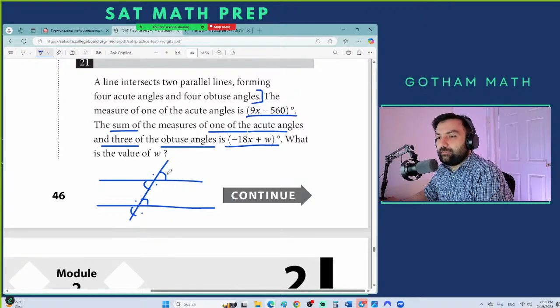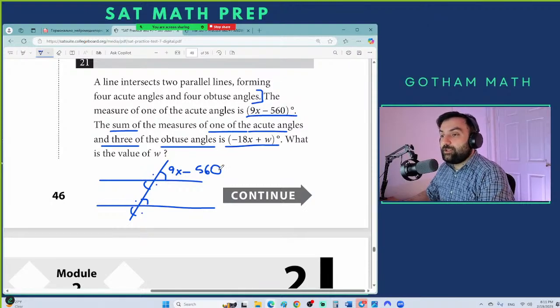So this acute angle is 9x minus 560. Interestingly enough, the obtuse angle can be represented through the acute angle, and then most likely we're going to have a sum after.